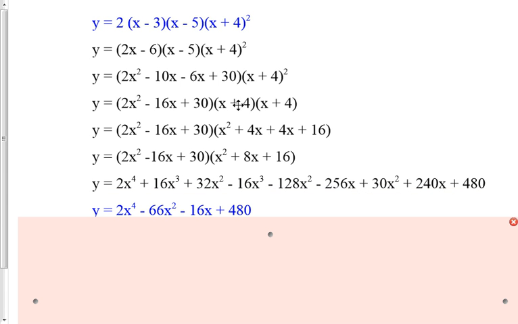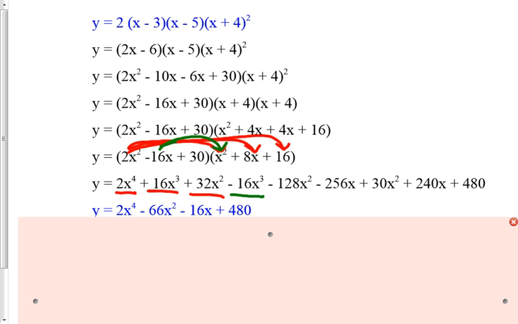So, 2x squared times x squared is 2x to the 4th. 2x squared multiplied by positive 8x is 16x cubed. 2x squared multiplied by this 16 is 32x squared. Now I need to distribute my negative 16x. So negative 16x multiplied by x squared is negative 16x cubed.